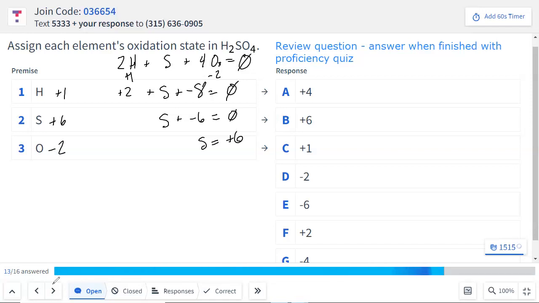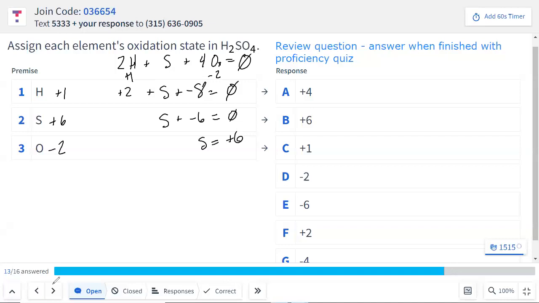So even though the total charge for the oxygens is -8, each oxygen individually is only -2. That's what we're concerned with in oxidation numbers. We're looking at the individual charge on one atom in that compound. So each of the hydrogens is +1, each of the oxygens is -2, and the sulfur is +6 because it's the only one there.